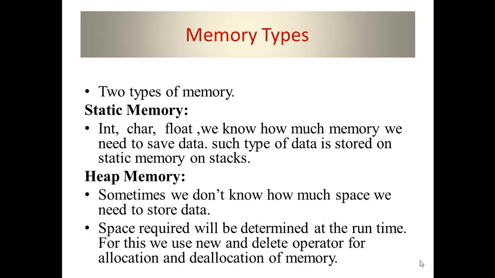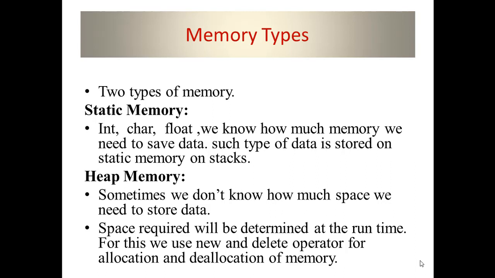While on the other hand, the second one is heap memory. As I have discussed earlier, we don't know how much space we need to store data. So to store such information of versatile types and unknown length, the space required will be determined at runtime.